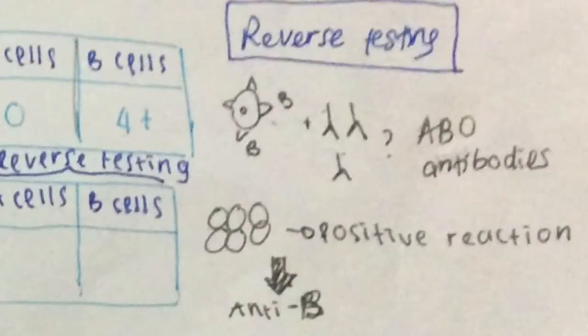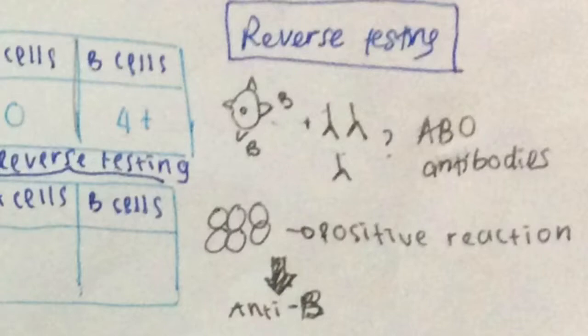For reverse testing, the principle is to detect the ABO antibodies. So we mix the red cells that we already know the antigens present on the red cells membrane with the serum. In this serum, you are not sure what the ABO antibodies present are.